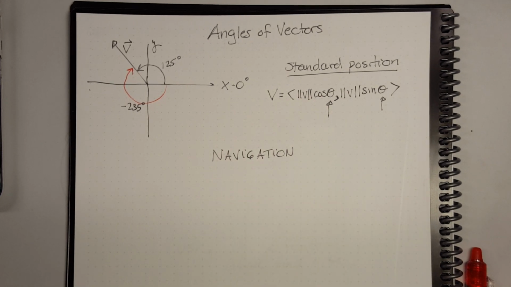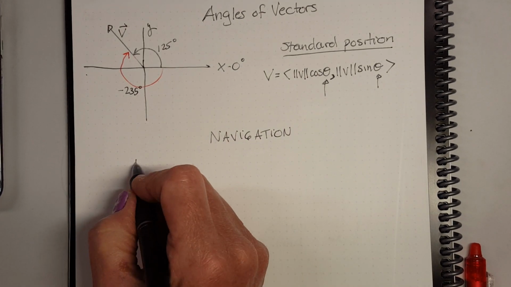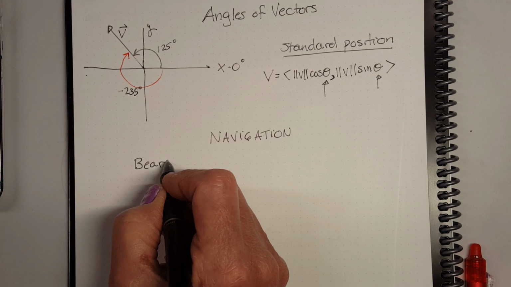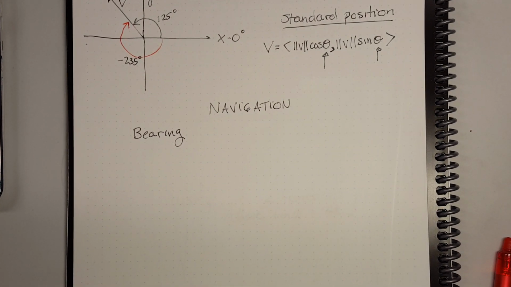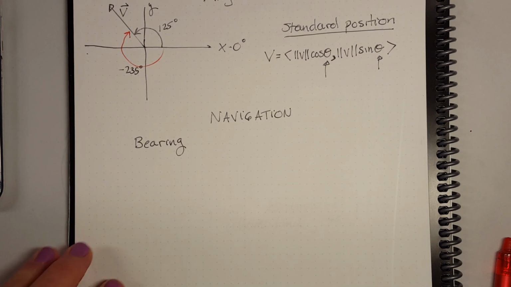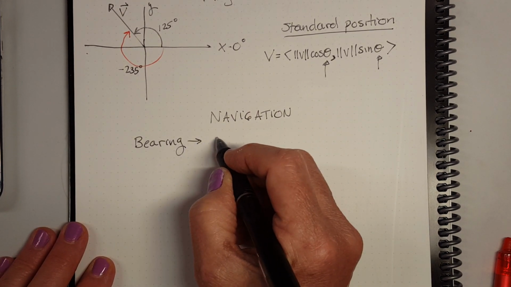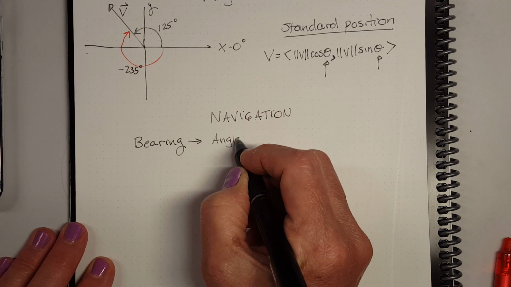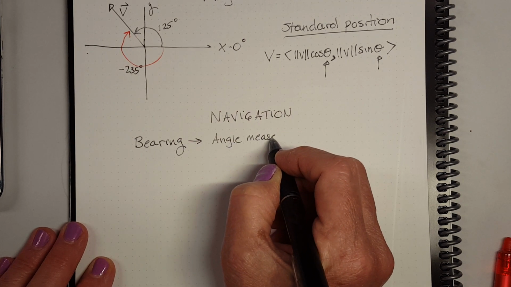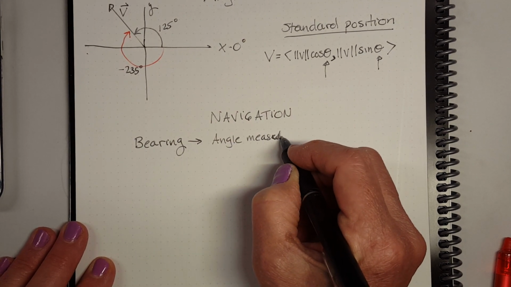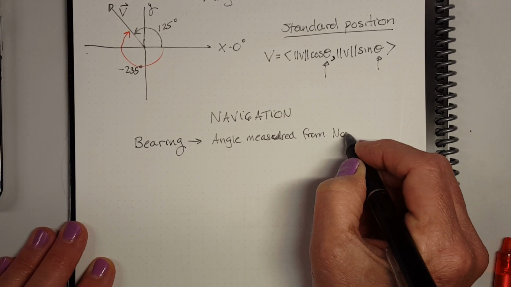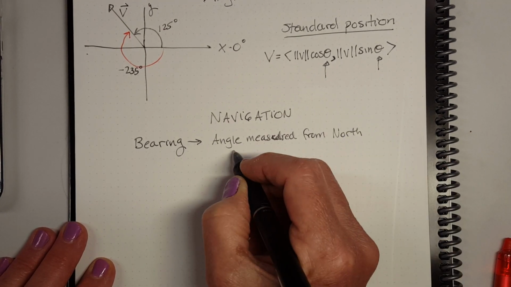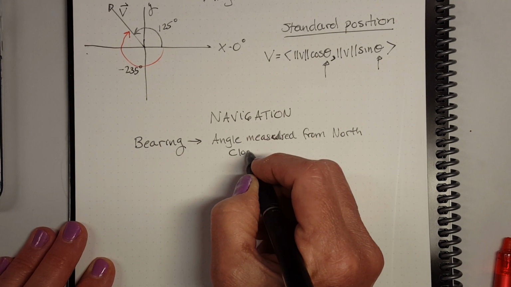The most standard way, the way that pilots use, is called the bearing. We talked about the bearing very briefly at the beginning of our trig unit, but a bearing is the angle measured from north in the clockwise direction.